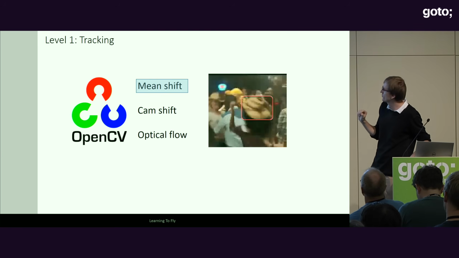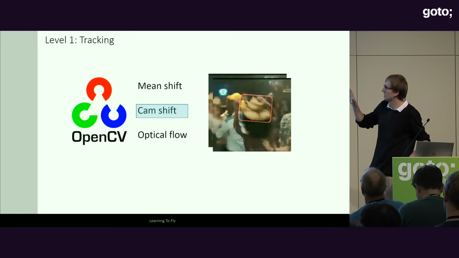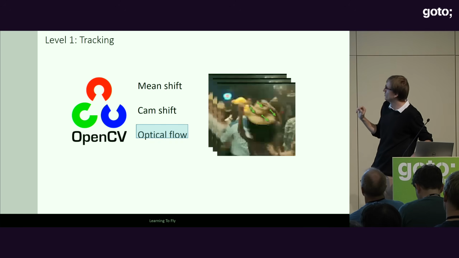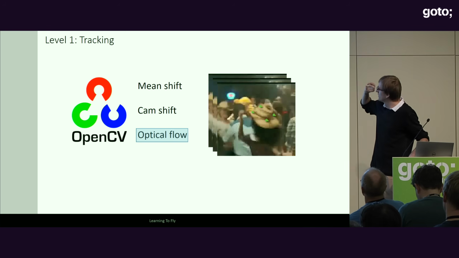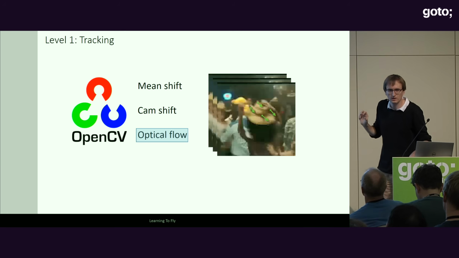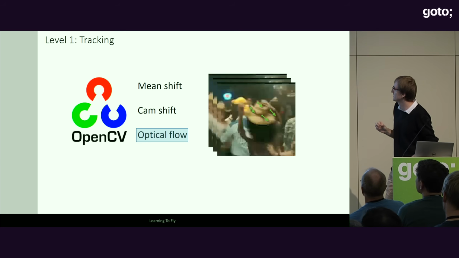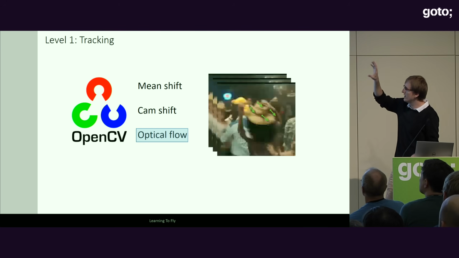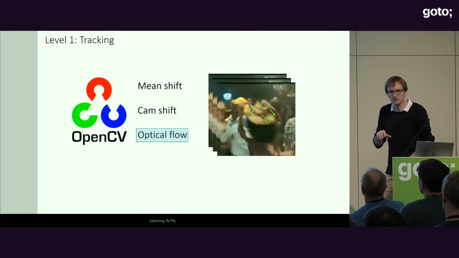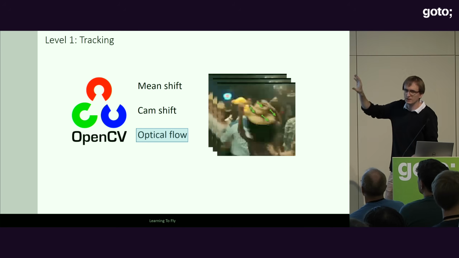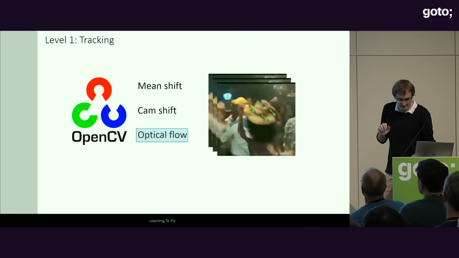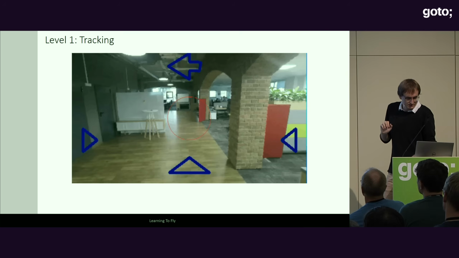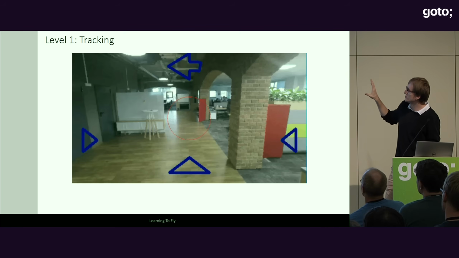It's done automatically for you. In CamShift, it's very similar, but you can also rotate the region. And finally, in optical flow, you analyze the movement of individual pixels in the image using some nice mathematical tricks around Taylor expansion and so on. We made some experiments, and optical flow gave us the best results in our case. So let's see how it works in action.